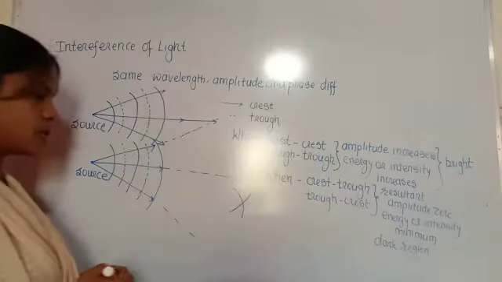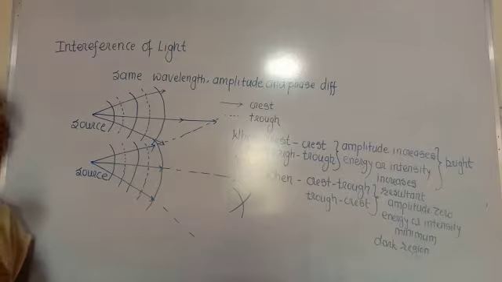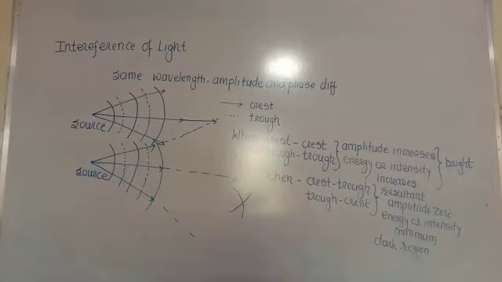Okay, so these are the two conditions, and that type of phenomenon is where the distribution of energy levels is modified. In one type there exists a bright region, and in the second type the intensity decreases, which means there is a minimum distribution of energy.